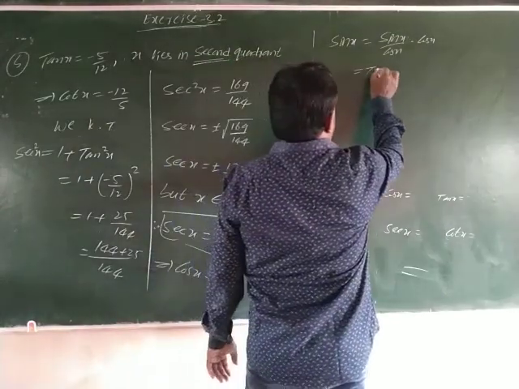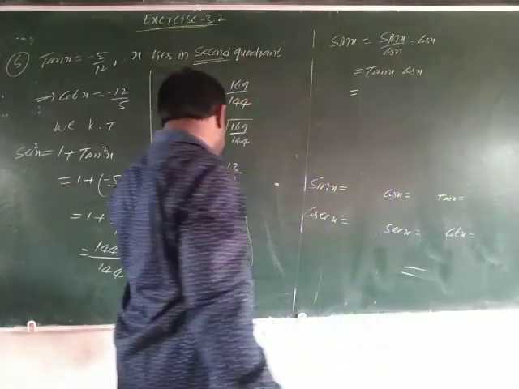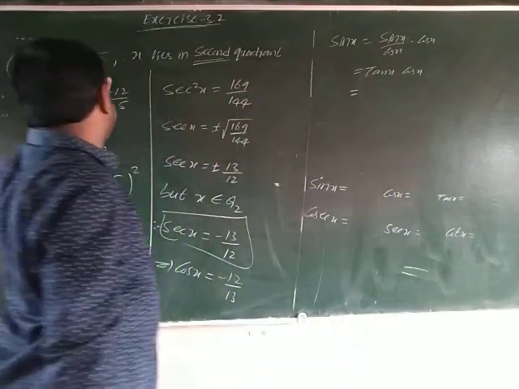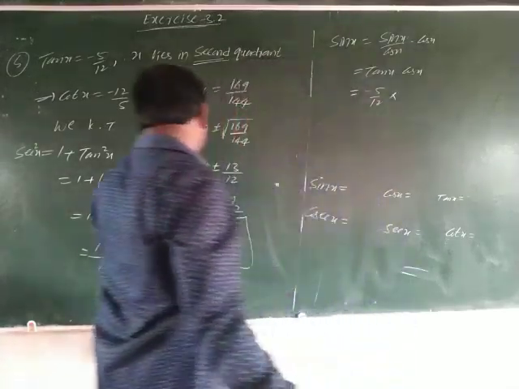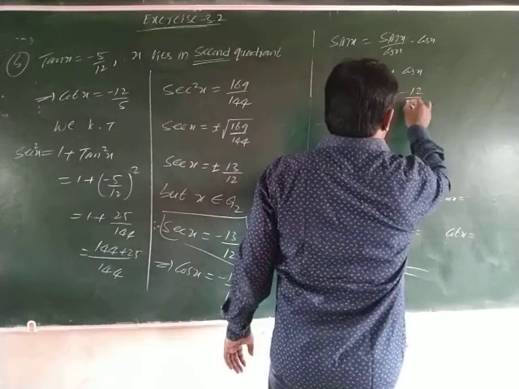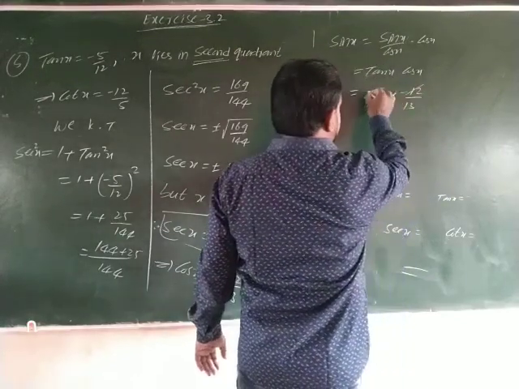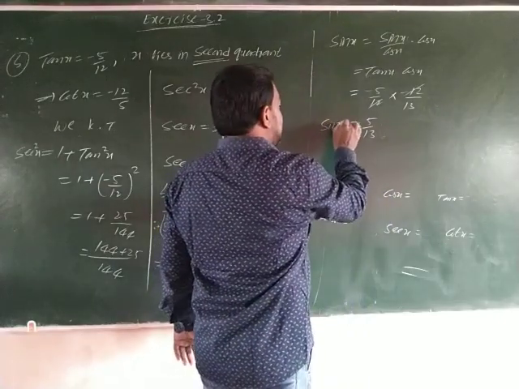That is tan x into cos x. That is equals to tan x value minus 5 by 12 into cos x value minus 12 by 13. 12 will get cancelled, minus into minus plus, 5 by 13, which is sin x.